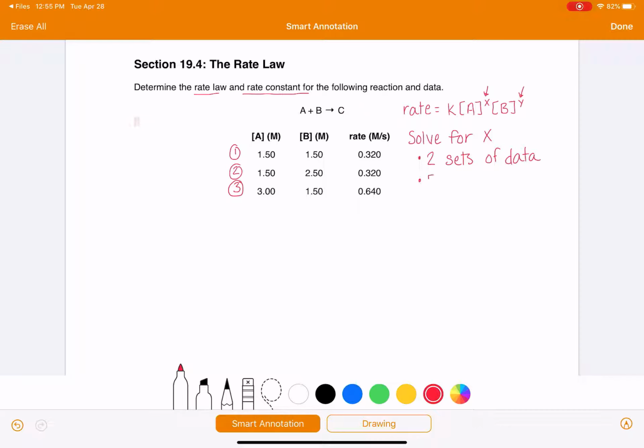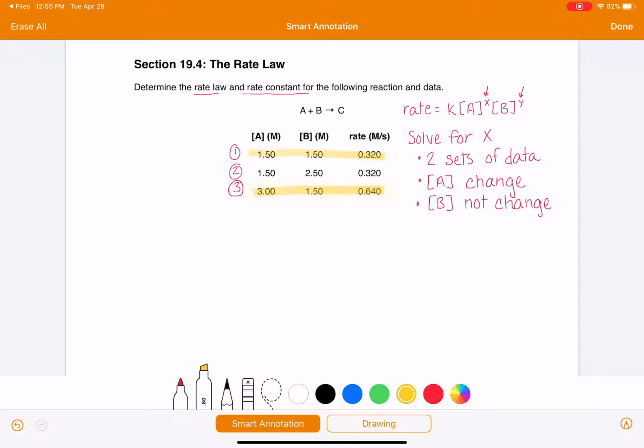We want A to change in our two sets of data, so we can see how the change in A affects the rate. And we also want B to not change. So we want to find two sets of data where B does not change. That's going to be data set 1 and data set 3.